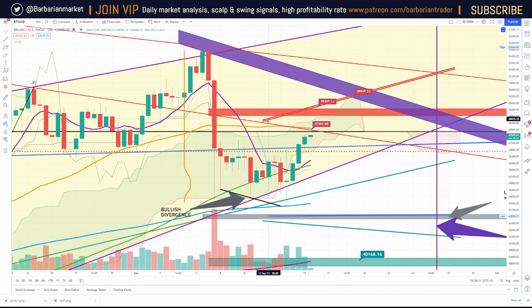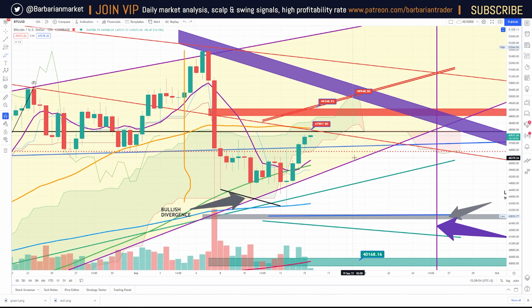So if we break this diagonal resistance, probably if it will come to test the support, probably here it will be the first take profit. But it's possible to continue down to test the bottom of the rising wedge again.